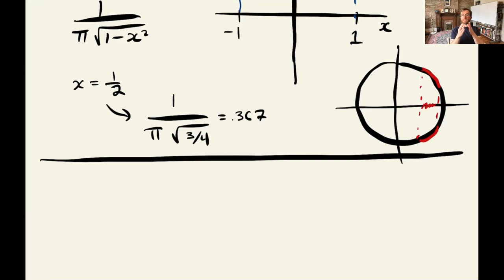I think maybe you can see intuitively what's happening: as you approach that end of the circle, the tilt here means that more and more area is being concentrated into smaller and smaller values of x. So actually the density does get infinitely large as we approach there. This has to do with the fact that the slope of this line is becoming increasingly vertical, which means its slope is becoming increasingly steep, increasingly infinite.